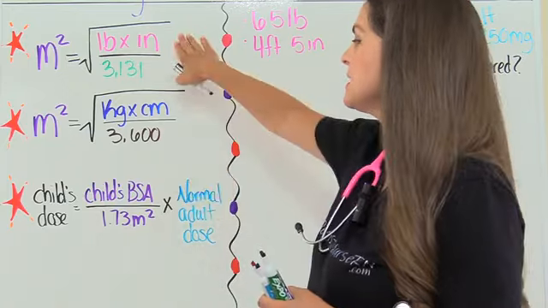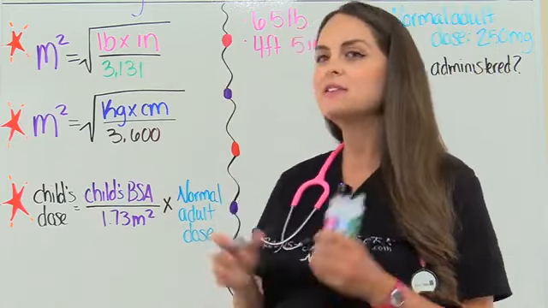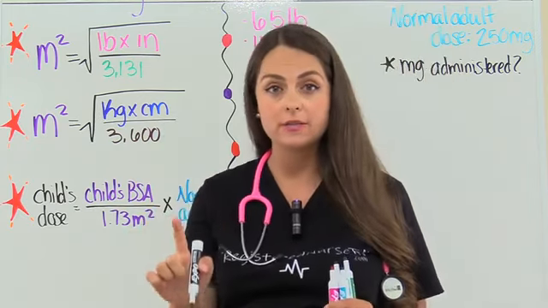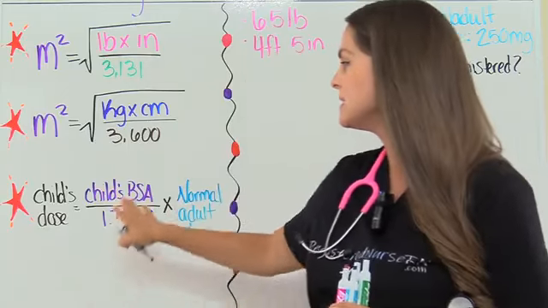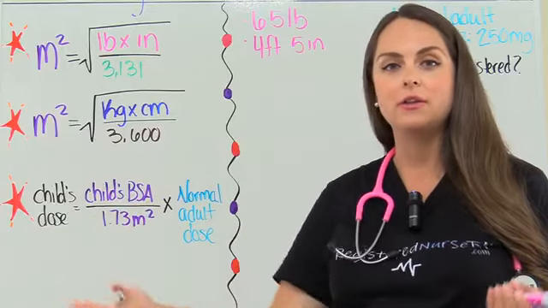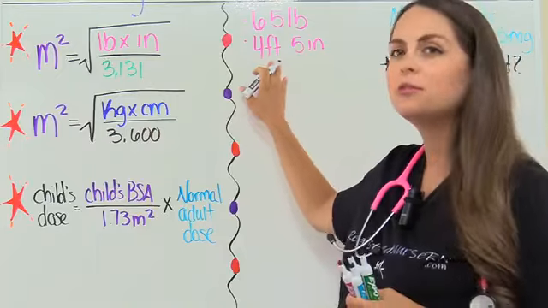So we're going to be using this formula and this formula to help us get this answer. So the very first thing we have to do is calculate the patient's body surface area. Then whenever we get that number, we will plug it into this formula and it will give us the child's dose in milligrams.